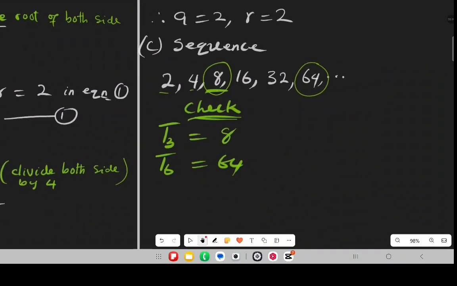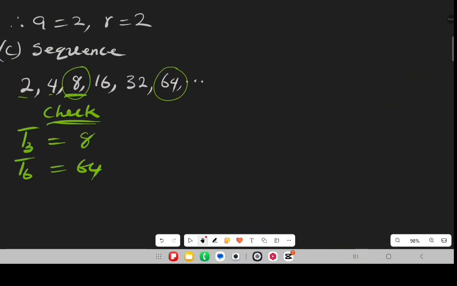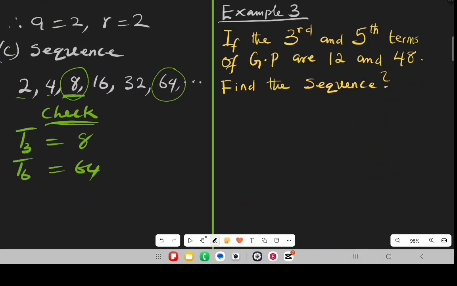Then we move to example 3, which is the last example. Example 3: if the third and the fifth term of a geometric progression are 12 and 48, find the sequence. Solution. The formula for the nth term of a geometric progression is Tn equal to ar raised to the power of n minus 1.